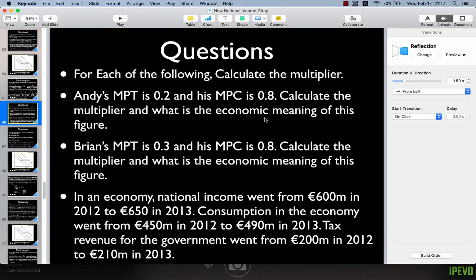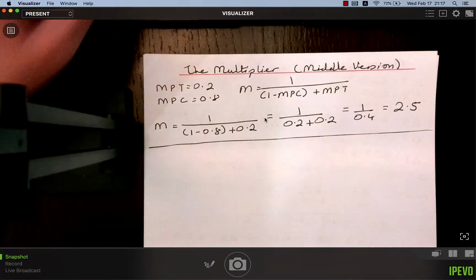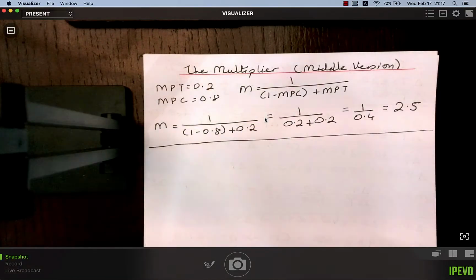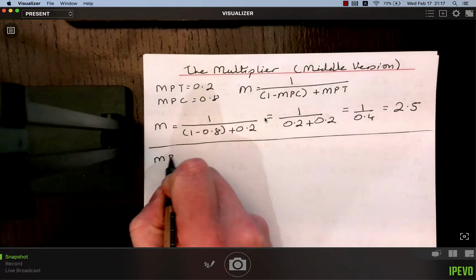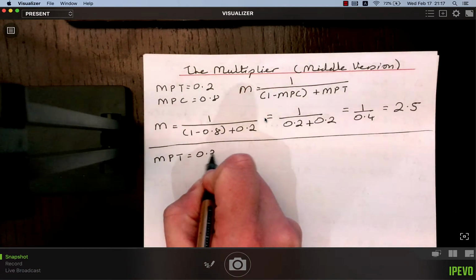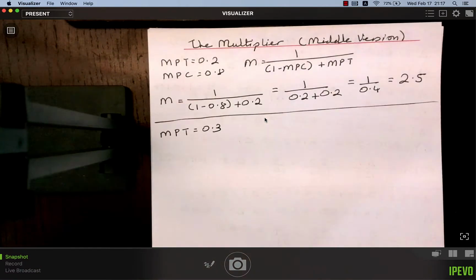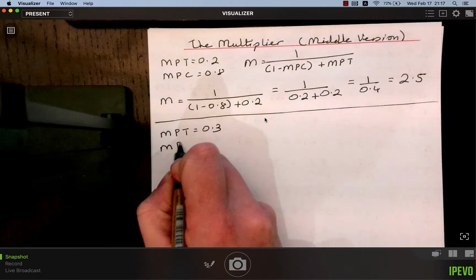Okay, so the next one now is Brian's MPT is 0.3 and his MPC is 0.8. Calculate the multiplier and what is the economic meaning of this figure. So the MPT equals 0.3 and the MPC is still 0.8.